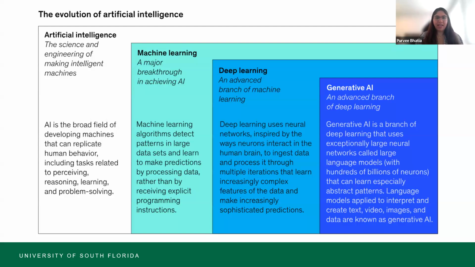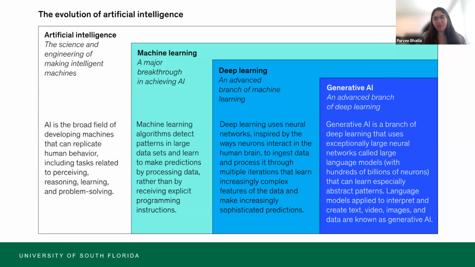Now AI is essentially a broad field, and it is broadly defined as the ability of the machines to mimic human behavior. So essentially, AI is used for enabling machines to perceive, learn, and reason, and therefore make decisions.